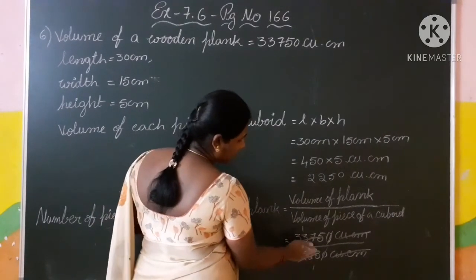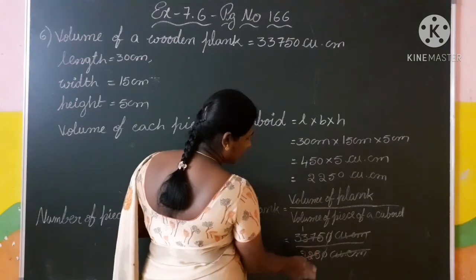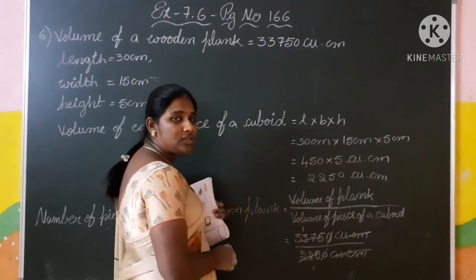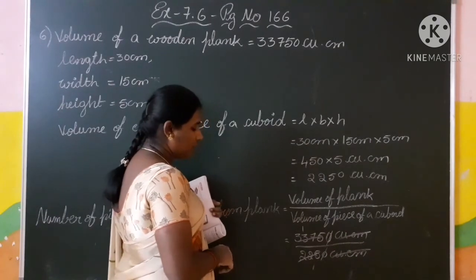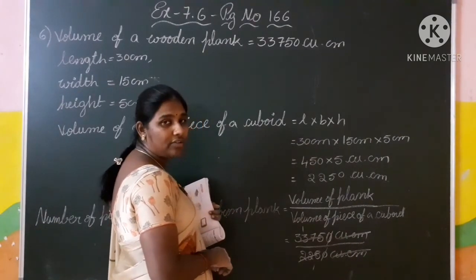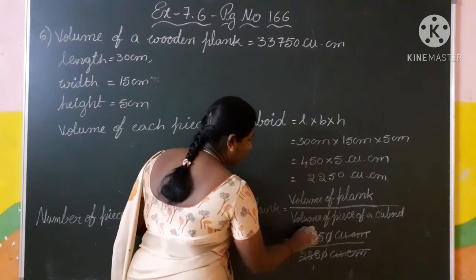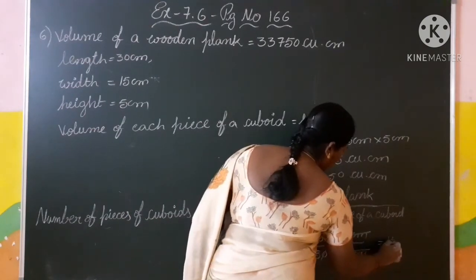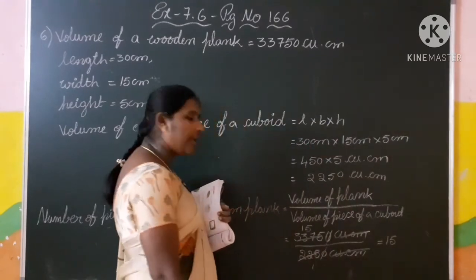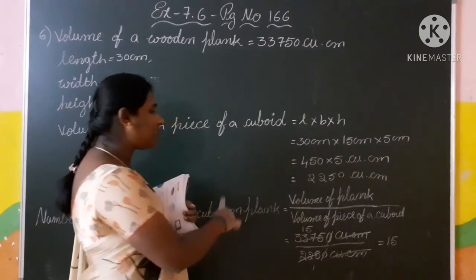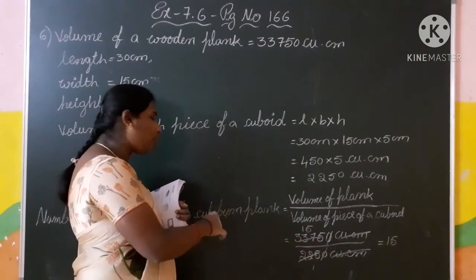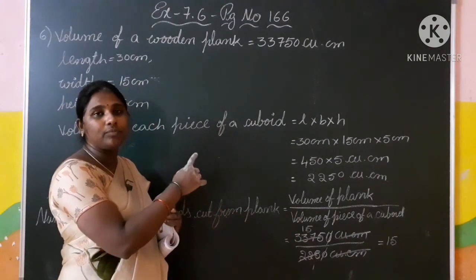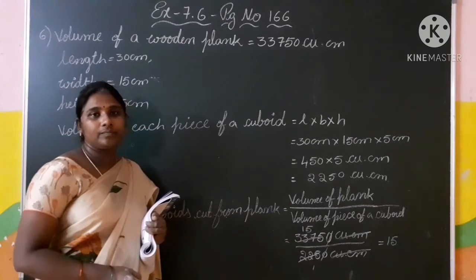If we take subtraction from that, 7 minus 5 is 2, 3 minus 2 is 1, 3 minus 2 is 1, 1125. So this 1125 will come in which table? 5 table. So the answer is 15. 225 5s are 1125. So from this plank he can cut 15 cuboids.